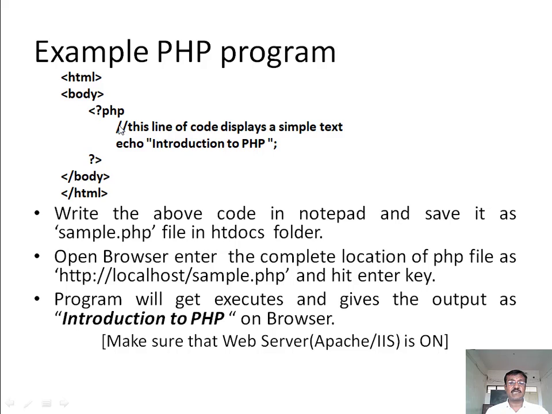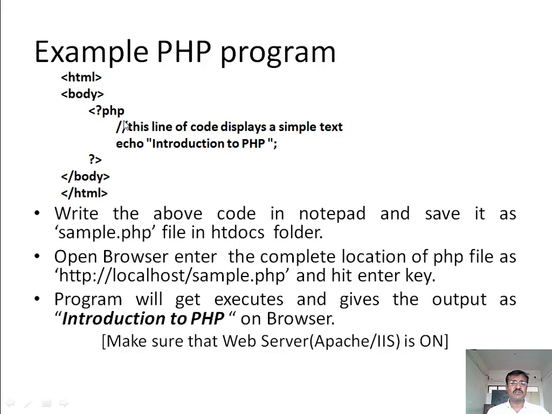Between these two tags, I have placed some of my PHP code. Here I have placed only a simple piece of code like echo. It is something like the printf statement in your C language. It is used to put some output on your screen. So here I am using this echo statement to print introduction to PHP on your browser.